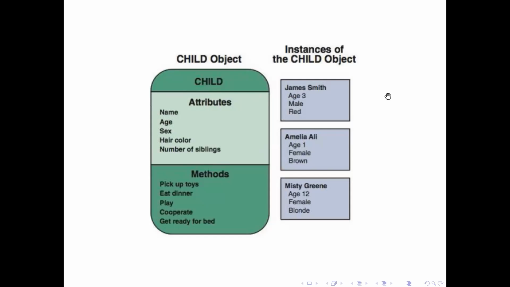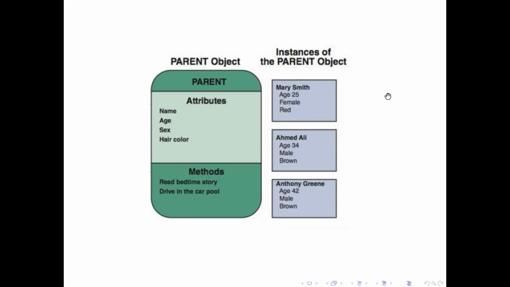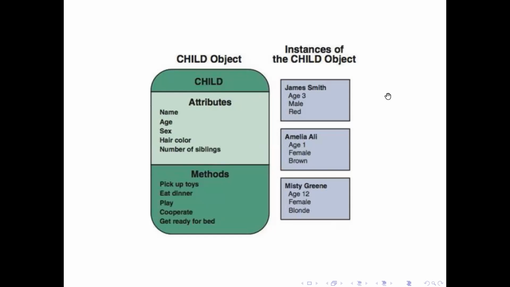Similarly, there will be some child objects. When you say parent and child, that means most of the time in object orientation we have this kind of relationship. When you say child object, usually we say it inherits. Inherit means whatever attributes are available in the parent will be available in the child. You can see the attributes name, age, sex, and hair color that we saw in the parent are also in the child object.